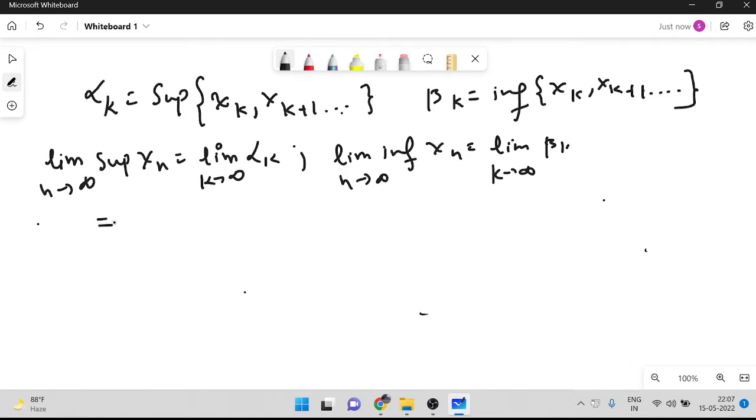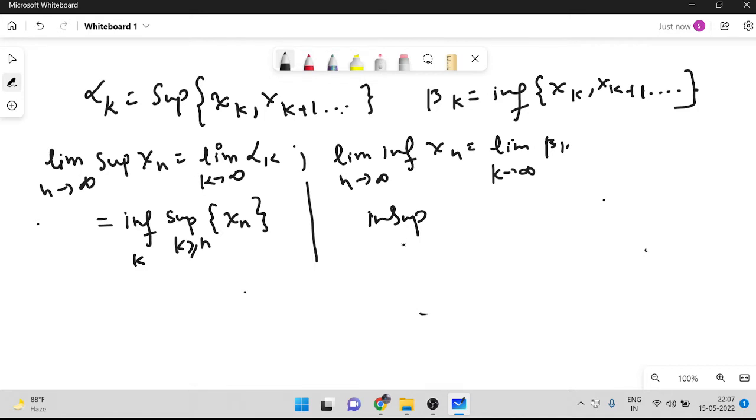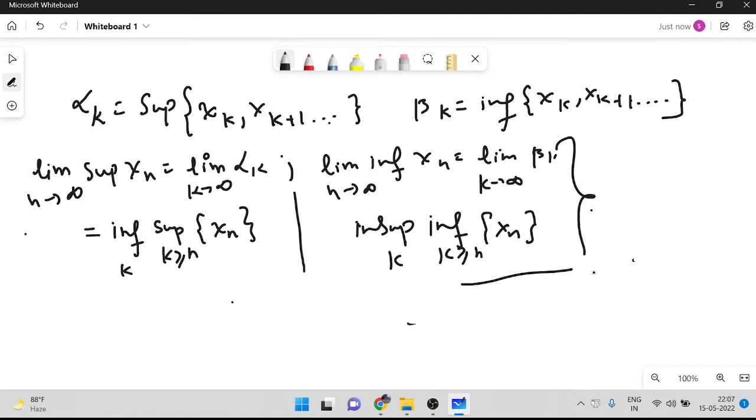So this is basically the infimum over n of the supremum of xk for k greater than or equal to n. This is basically the supremum over n of the infimum of xk for k greater than or equal to n. So these are something that we have discussed in the last class.